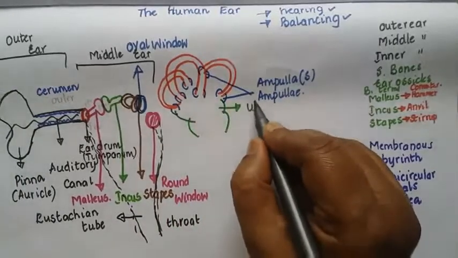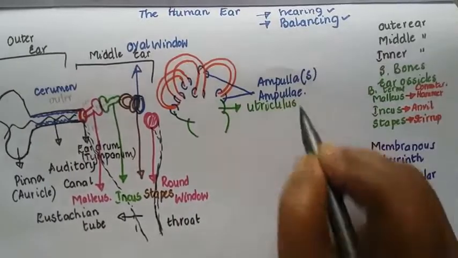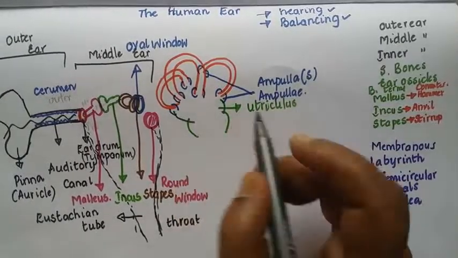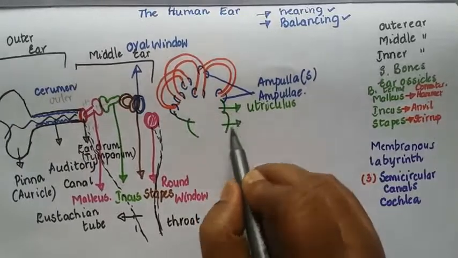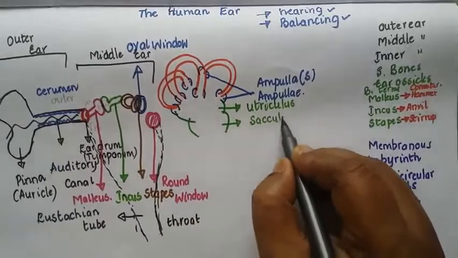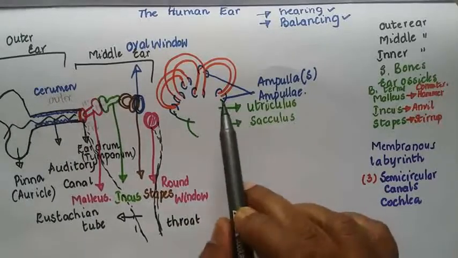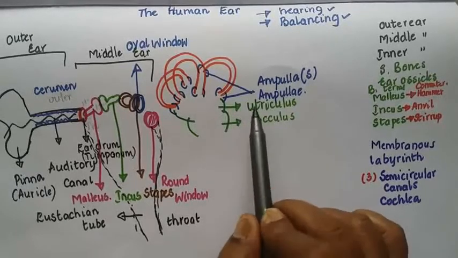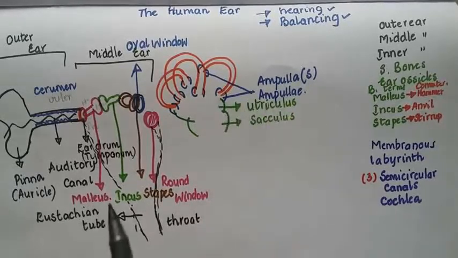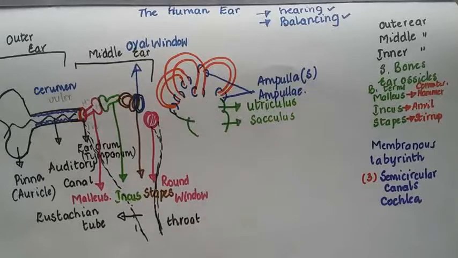The first widened portion is known as the utriculus. The second expanded or bulb-like structure is known as the sacculus. So just below these ampullae we find 2 bulb-like structures or expanded parts.